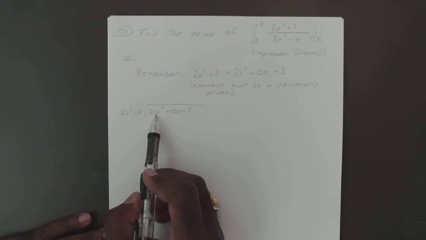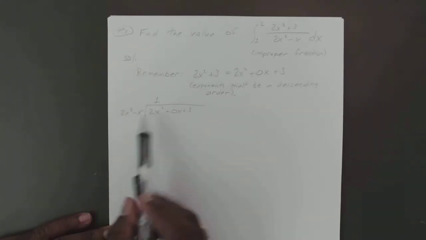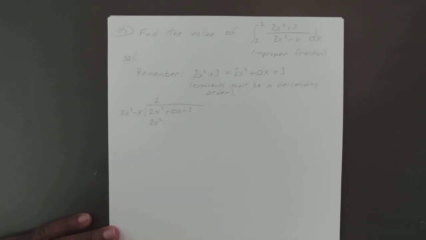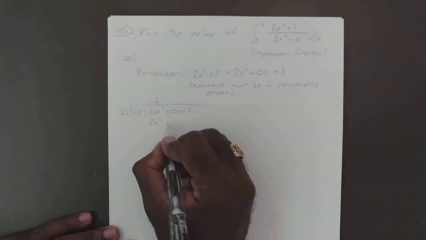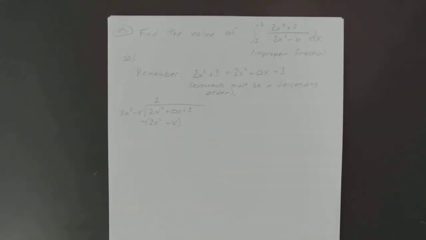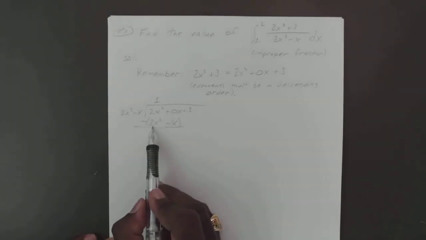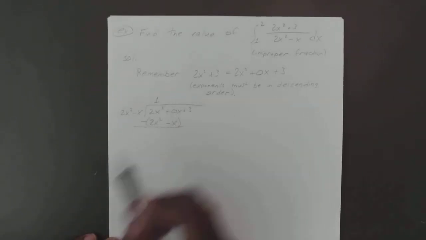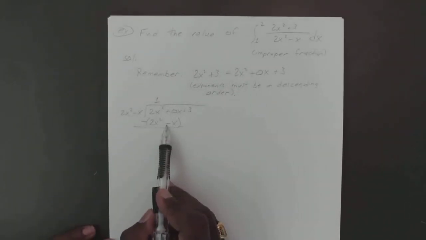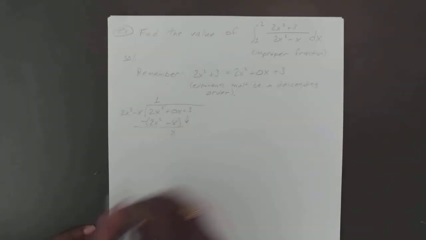Okay, so the first thing we want to do is get rid of our 2x squared. So 1 times 2x squared is 2x squared. 1 times negative x is negative x. And we subtract. 2x squared minus 2x squared is 0, so that worked out. 0x minus negative x becomes plus x, is x.